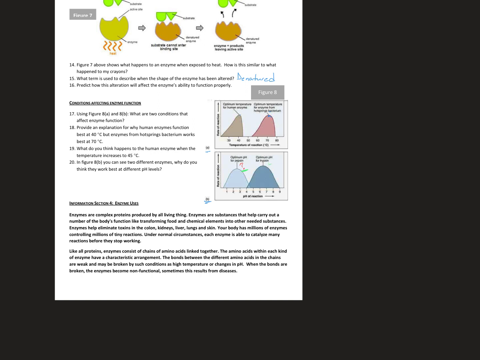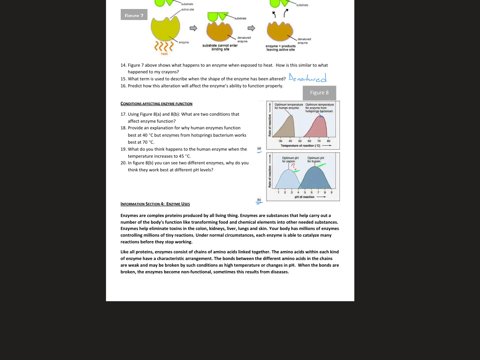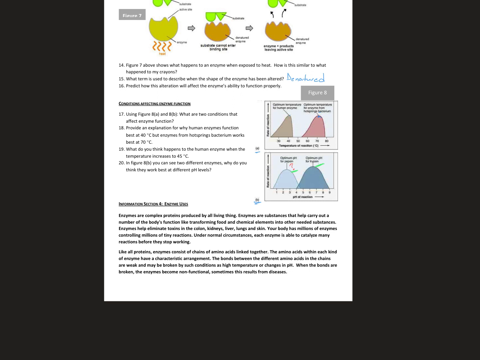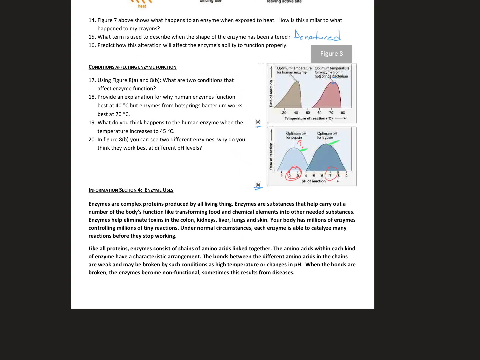Where might you find trypsin if it's found in humans? Maybe in the blood or some other organ that has a pH closer to 7, which is neutral, not acidic and not basic, versus 2 or 3, which is the acidity of the human stomach.